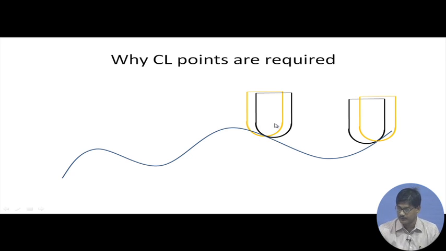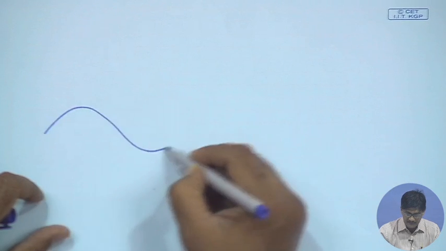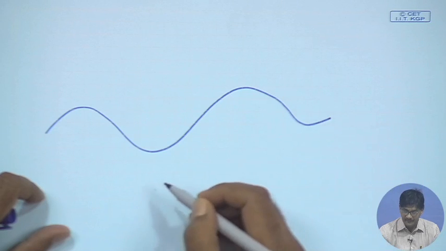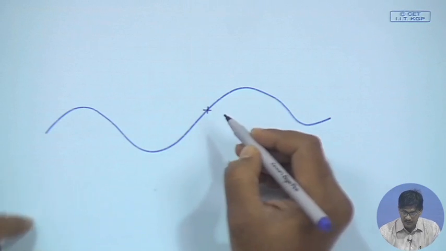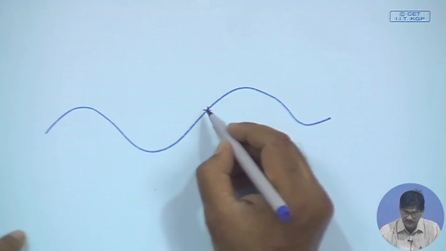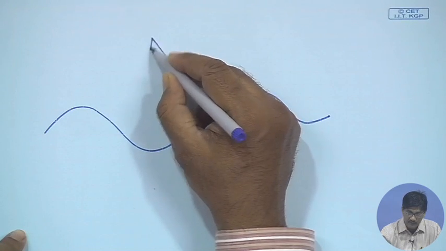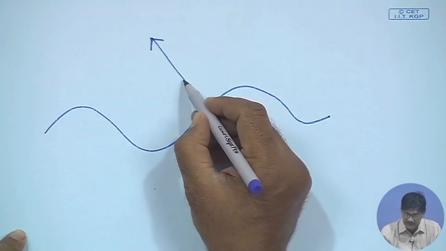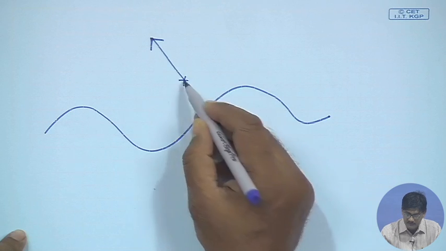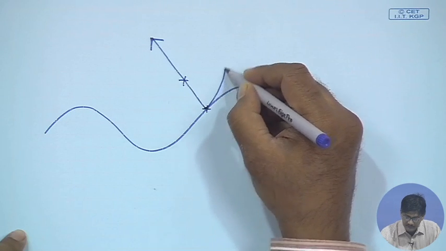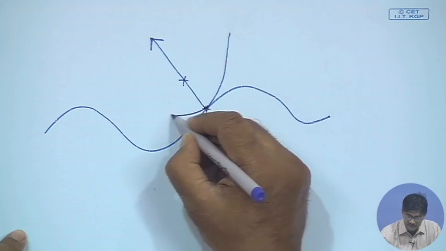Let us have a quick drawing here. We have a surface of this type here. I take this point. How can I find out the center point of the cutter here? So, I draw the normal. Suppose this is the radius of the tool. I can draw a circle and this is my cutter position.